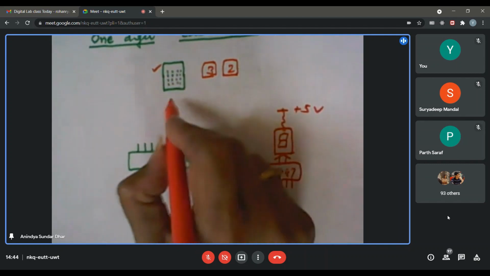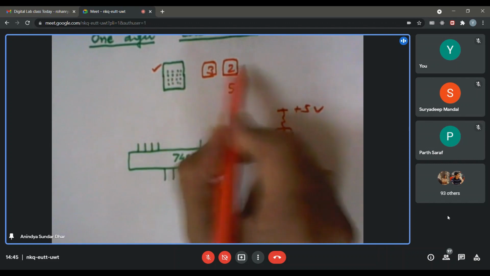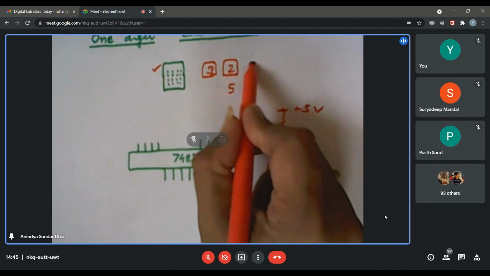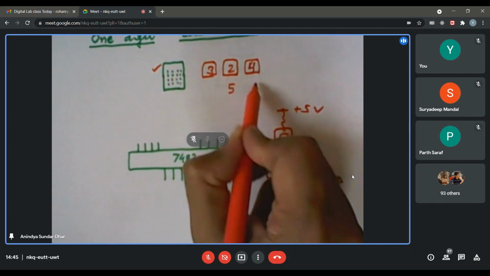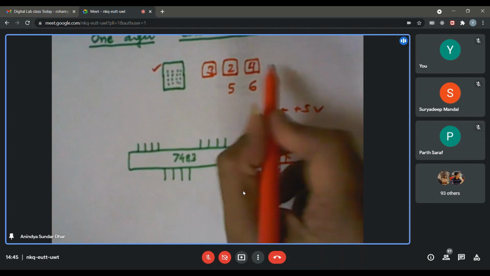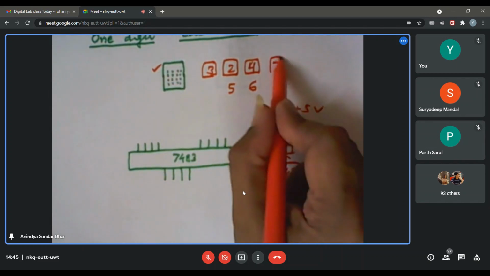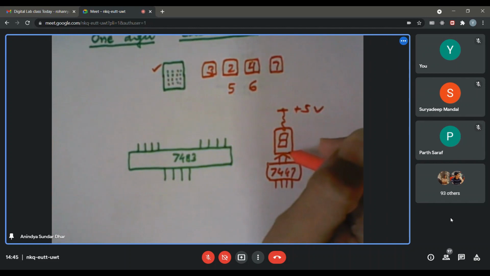Then I am expecting a result to be displayed here as 5. And now suppose again I press the key 4, then the last 2 digits are 4 and 2, and I am expecting the output to be 6 over here. Now if I press 7, 4 and 7 is 11. So can I expect some output here if the result is 11?